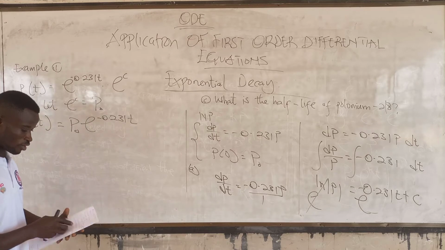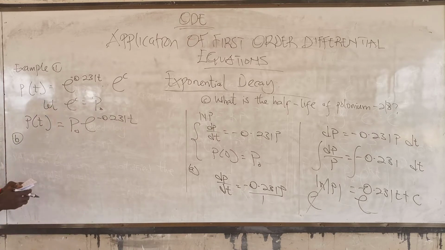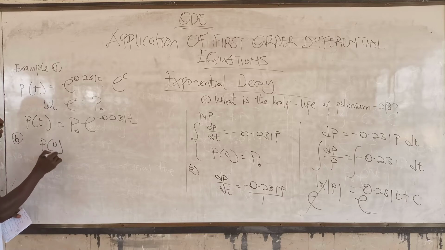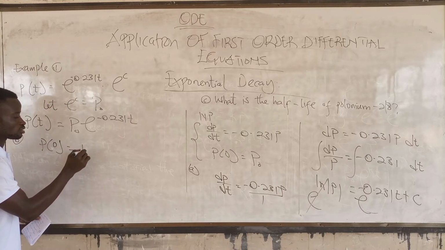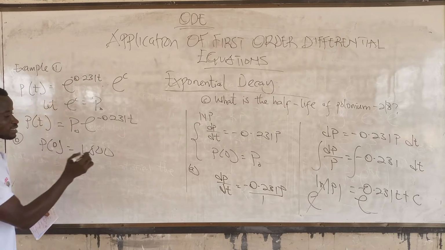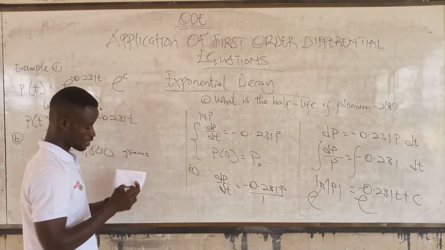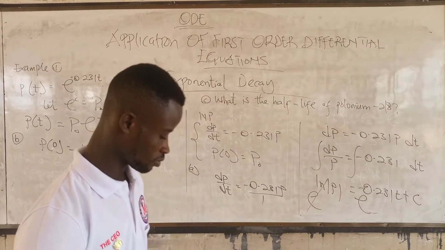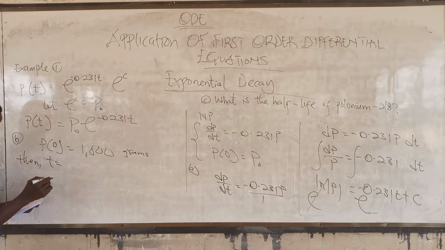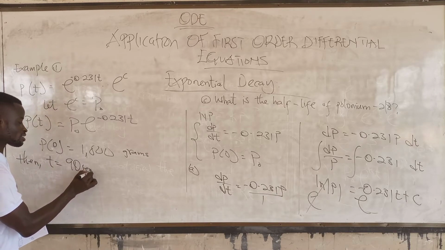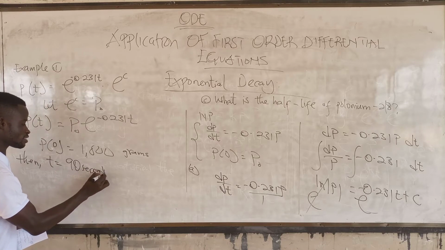Alright, so we move on with it. At t equal to 0, we have 1,000 grams. Then, in fact, I'll make it simple for you: what will be at t equal to 90 seconds?